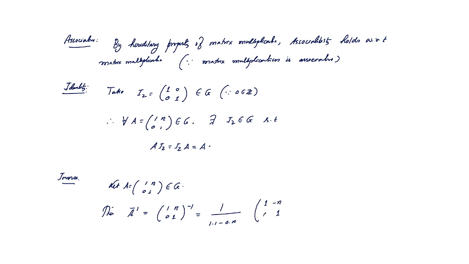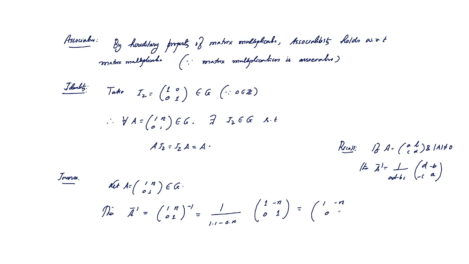We recall a fact: if A = [A, B; C, D] and the determinant of A is non-zero, then A inverse exists, and A inverse will be 1 by (AD minus BC), principal diagonal interchanged, and off-diagonal multiplied by minus sign. So it will be [1, -n; 0, 1], and that also belongs to G.